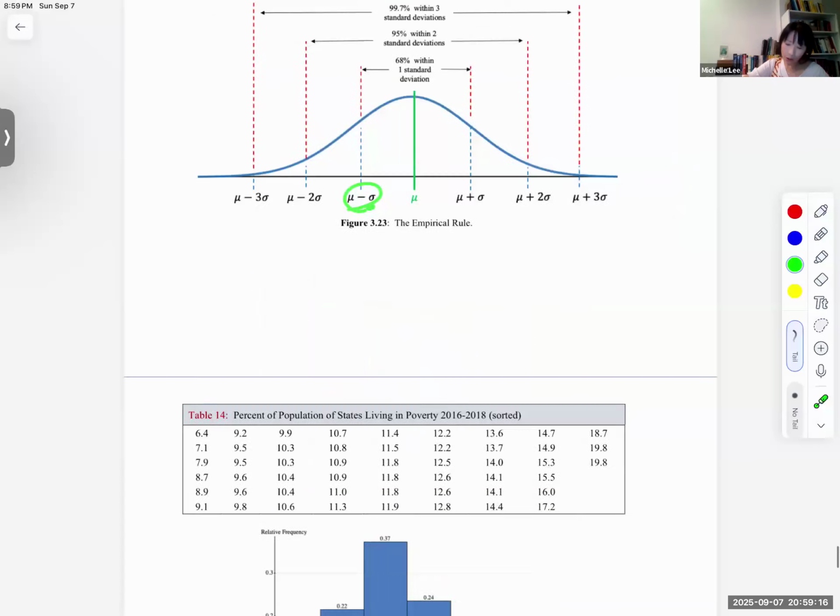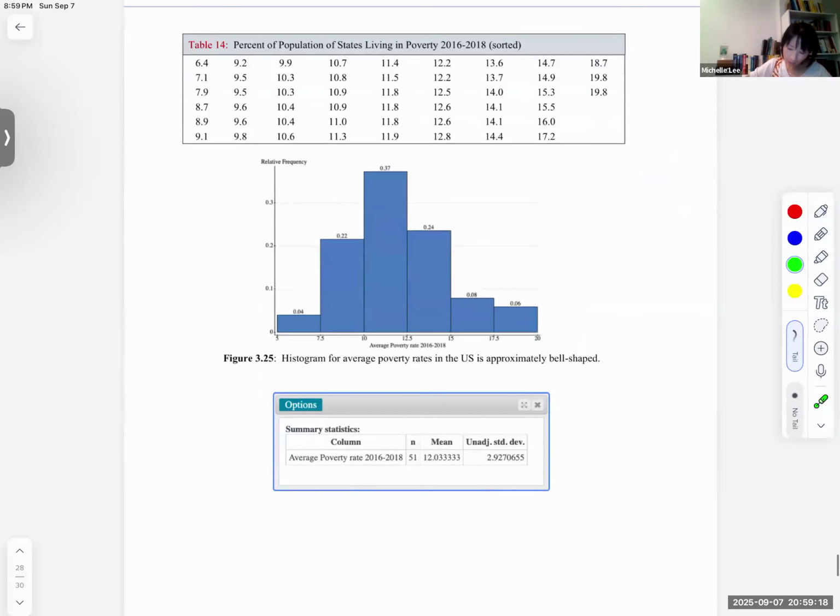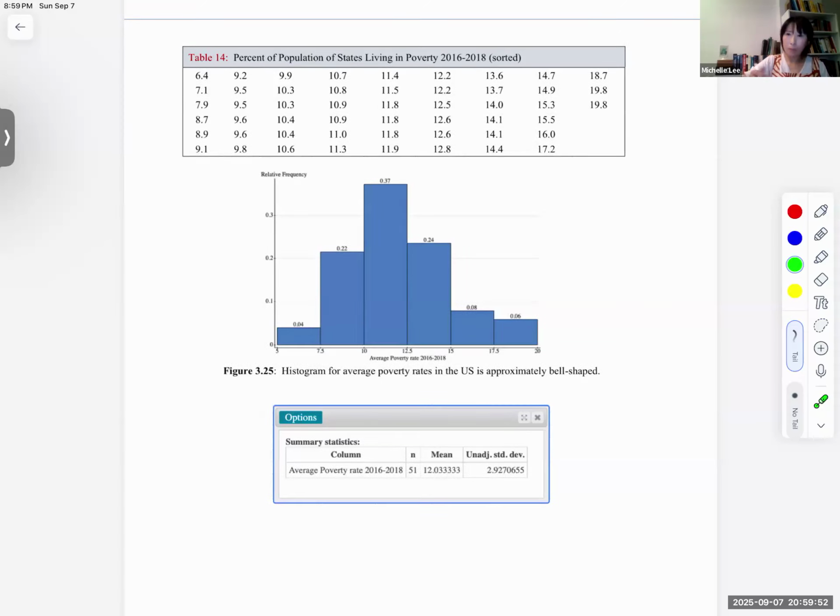So we can use this information. The first one is 68%, so there will be mu plus sigma.